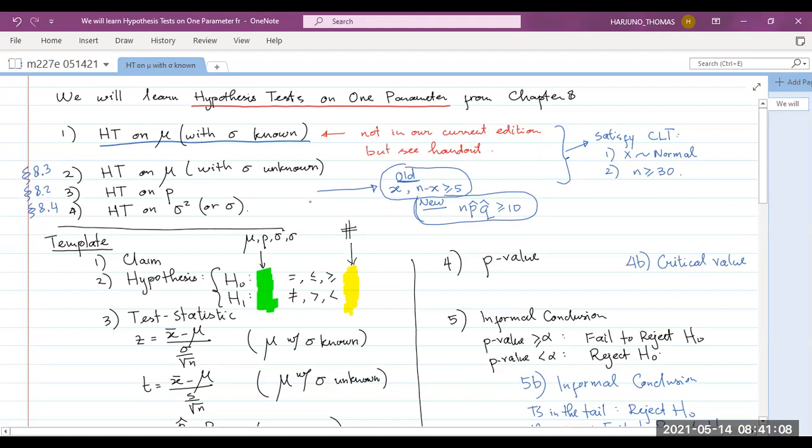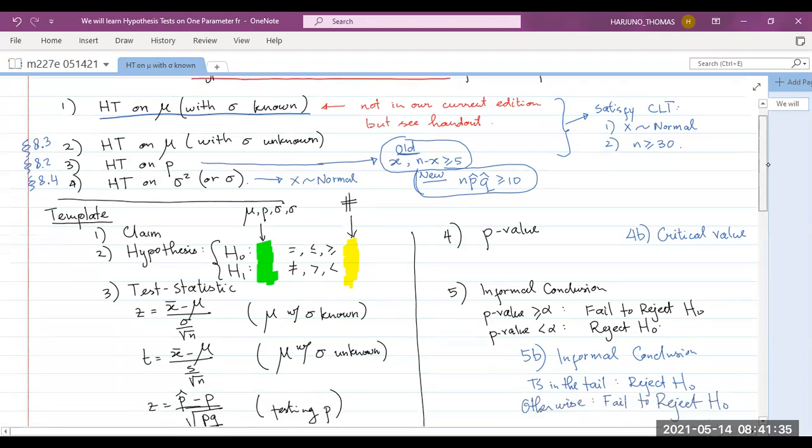And for hypothesis testing for population variance or population standard deviation, the underlying distribution has to be strictly normal. Those are the requirements. When I go over those hypothesis tests, I will remind you of this requirement.